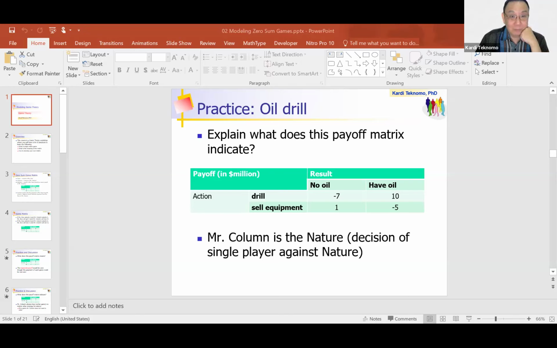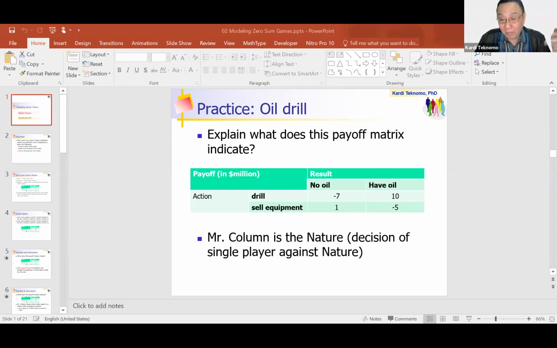So this is an oil drilling company, and this payoff is in $1 million. The oil drilling company has 2 possible actions: to drill or to sell the equipment. If the company decides to drill and there is no oil, the company will lose 7 million.